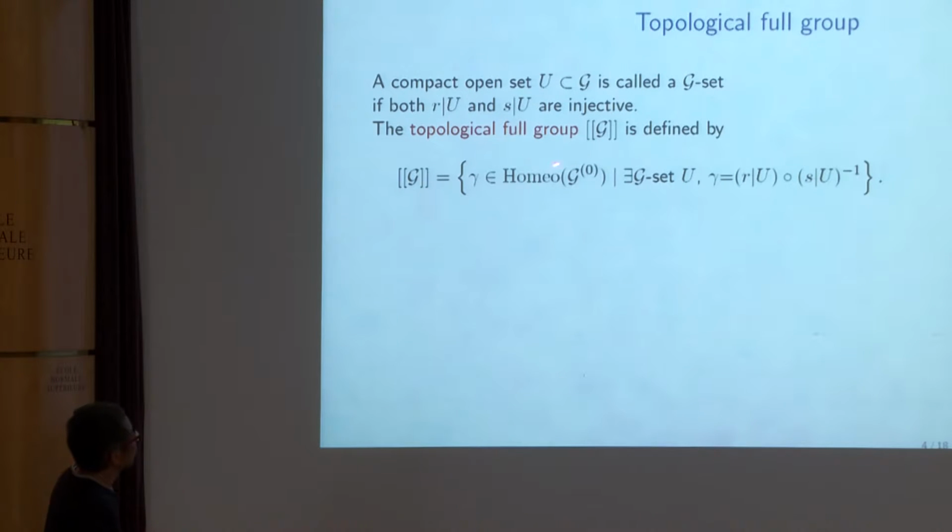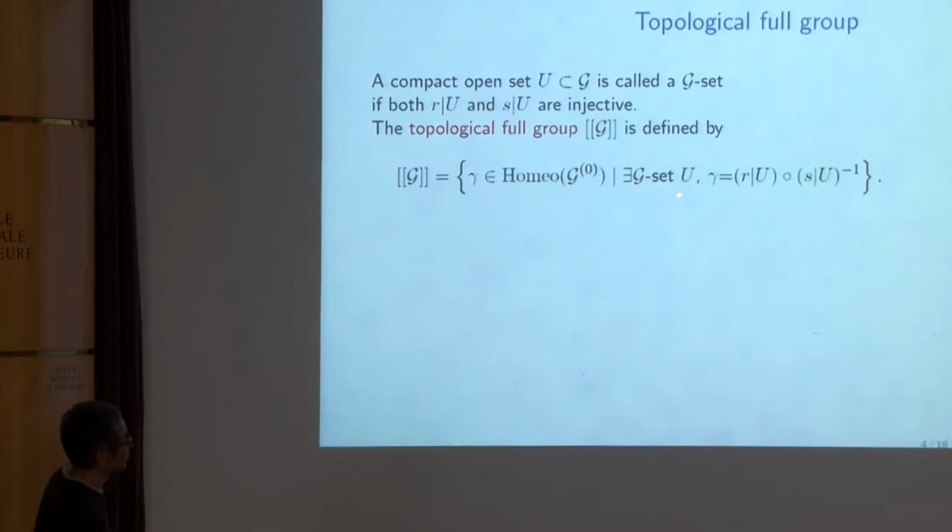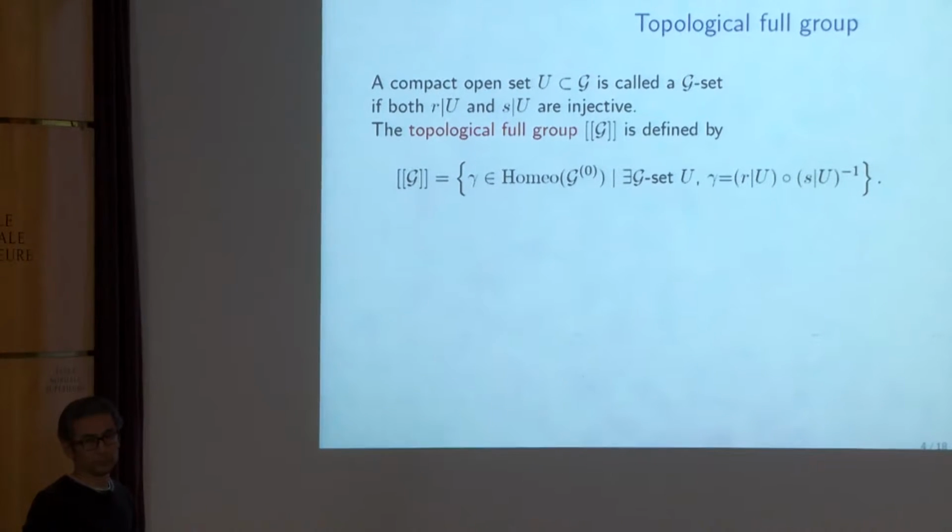And my topological full group, double bracket G, is defined by this. This consists of homeomorphisms gamma for which I can find a G-set U such that gamma is equal to R composed with S inverse. Right?